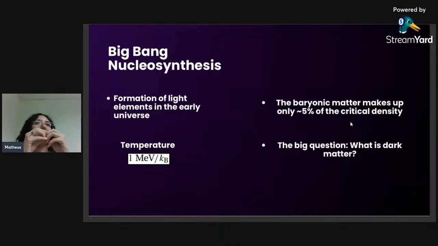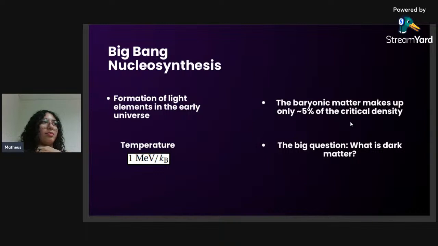I think the thing is that baryonic brings me the idea of quarks, and quarks would interact extremely strongly. But in the context of cosmology, when we say baryons, it's not in the context of strong interaction.